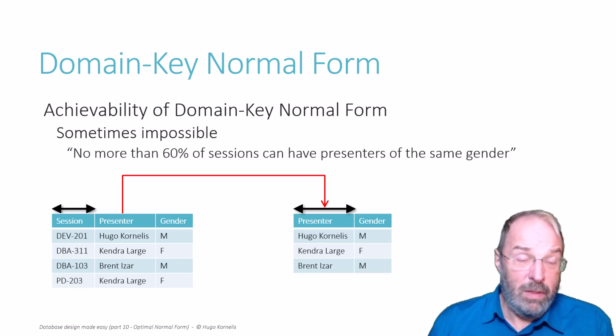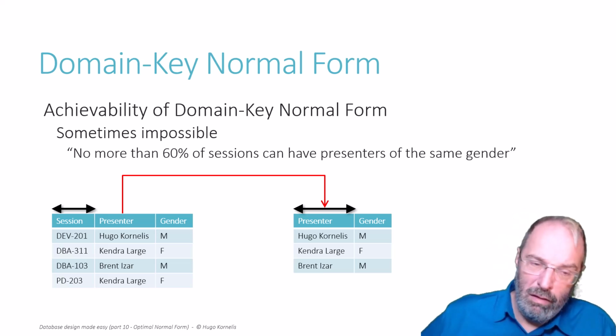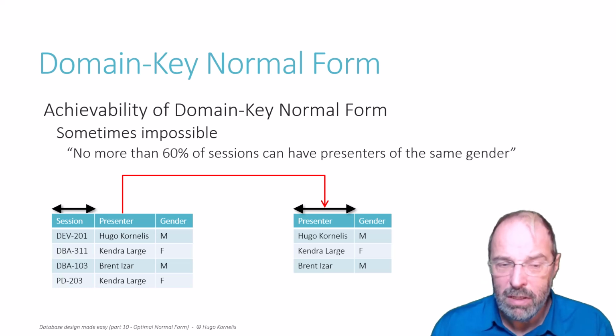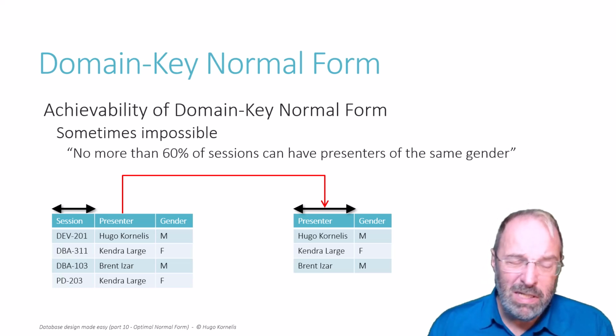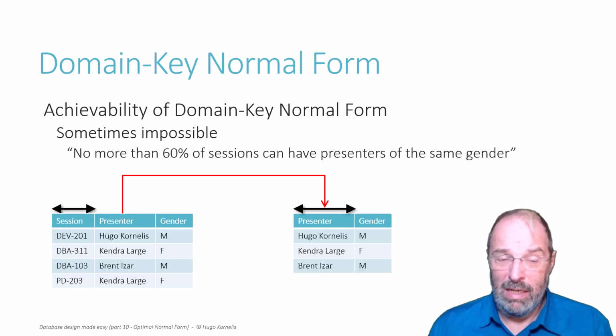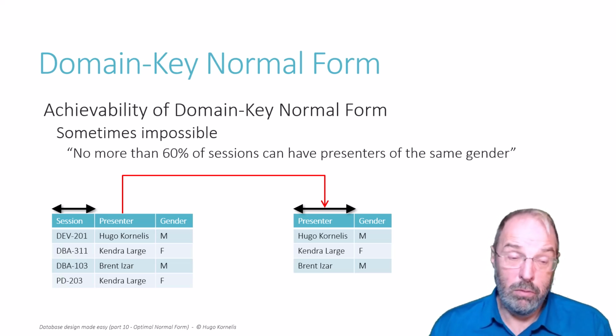So DKNF allows that. If you allow for this exception for computed columns, it has to be a computed column, but it's still not a good design, in my opinion, because now you run the risk that someone maybe modifies that column unless you can protect against those modifications.